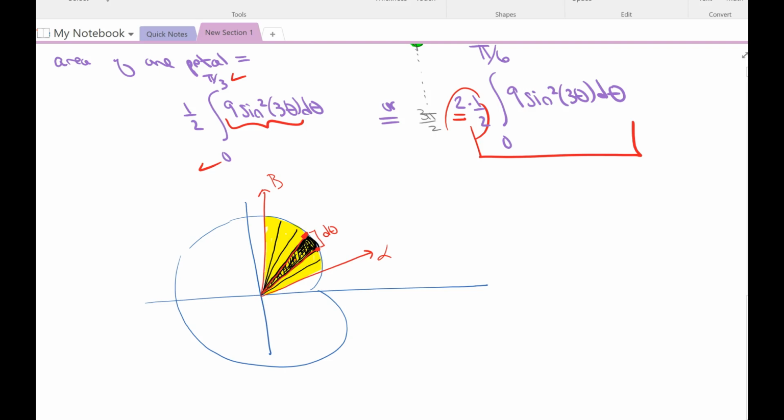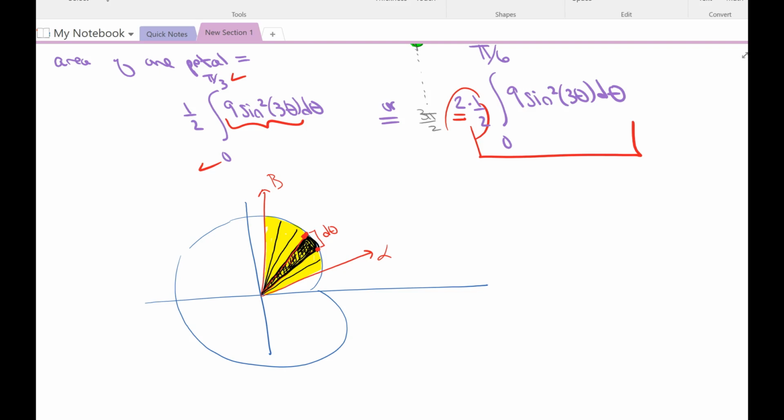Okay, so if the two radial segments approach each other in length, then this sector you could really conceive of as a sector of a circle, okay, if you will. We're being a little bit loose just to see where the integral expression comes from.